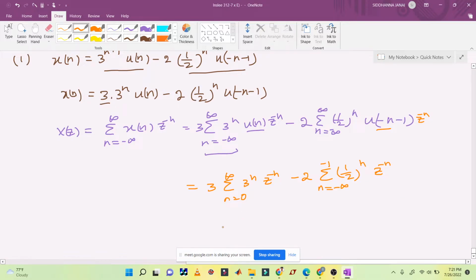Okay, so how can we rewrite it? This part is the same, whereas this part, how can we write it? Let me know.